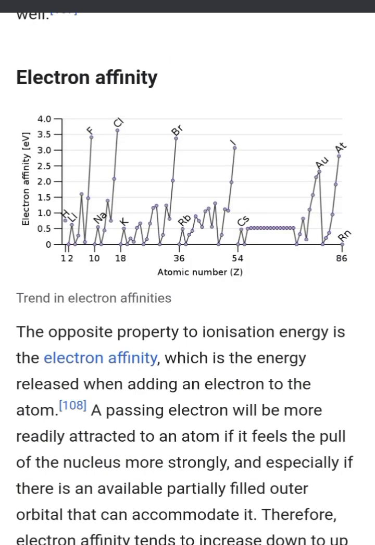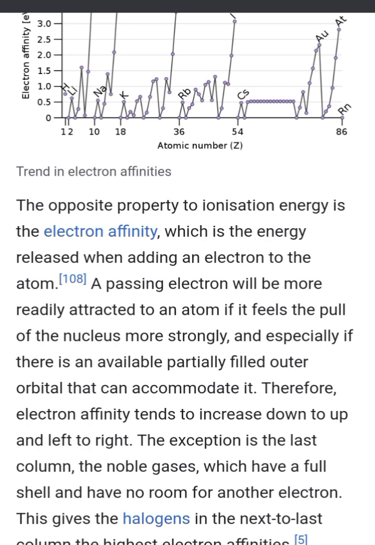Next, electron affinity. Now, the opposite property to ionization energy is the electron affinity, which is the energy released when adding an electron to the atom. The energy released when an electron is added to a neutral atom is called electron affinity.